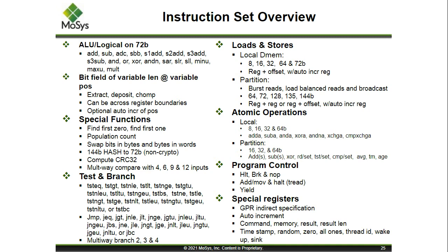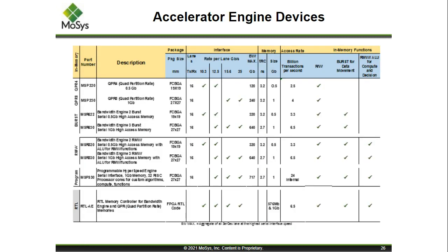Finally, I wanted to show a summary of what we've been talking about here. If you look at the center of this table, there's a bandwidth max column in the device.